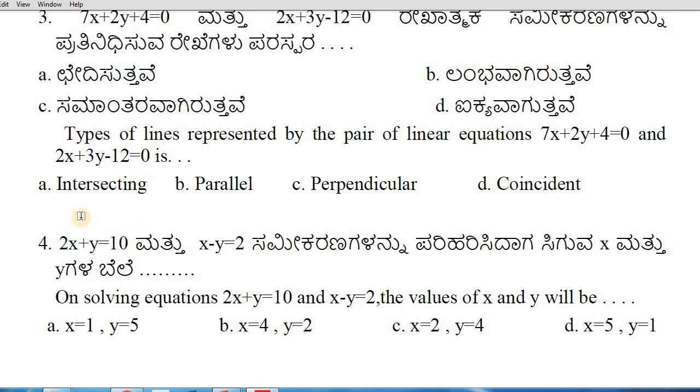Given options are intersecting, parallel, perpendicular, coincident. So here the correct option is option A, intersecting, because A1 by A2 is not equal to B1 by B2. Hence these two are intersecting lines.